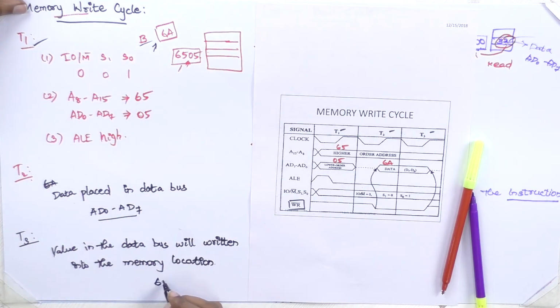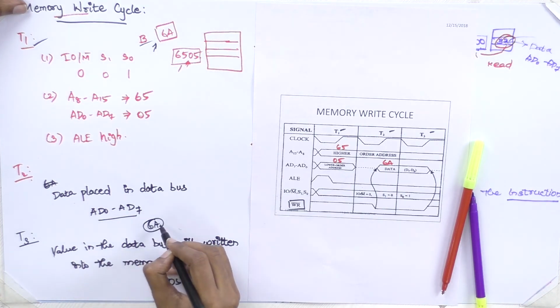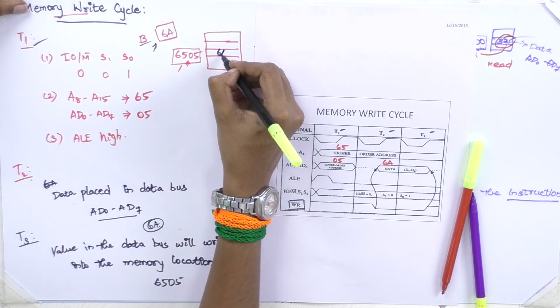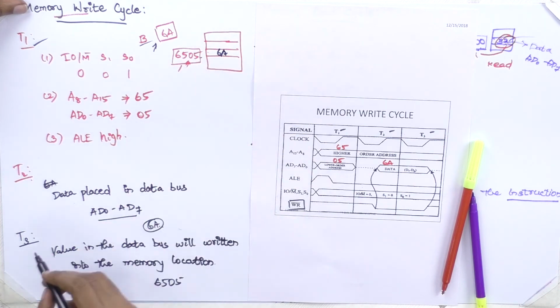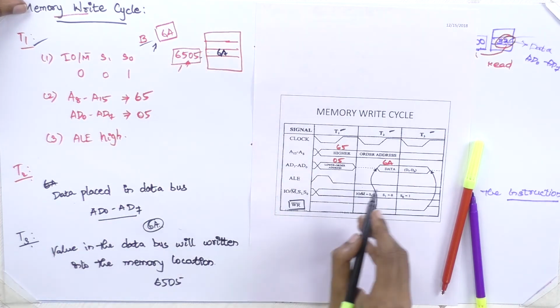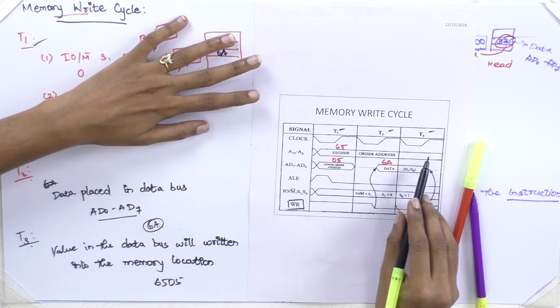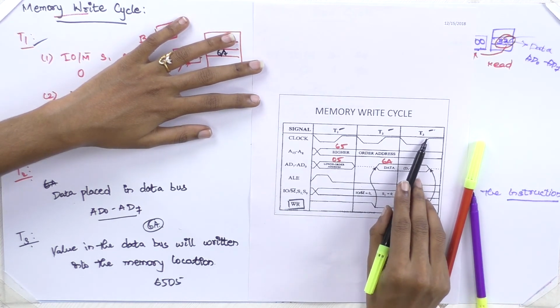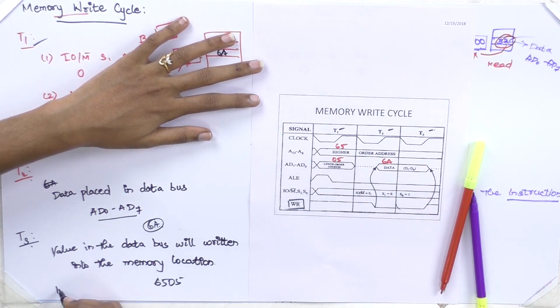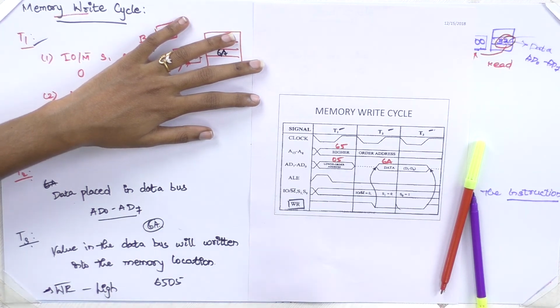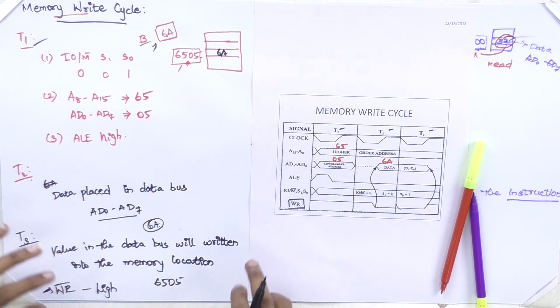That is nothing but 6505. Fine. The value in the data bus, that is 6A, that we have taken as an example, will be written into the location 6505. That will happen at T state 3. See this timing diagram. At this point it will be write. We are performing a write operation, so the read signal should be high because it is an active low pin. Okay, fine.